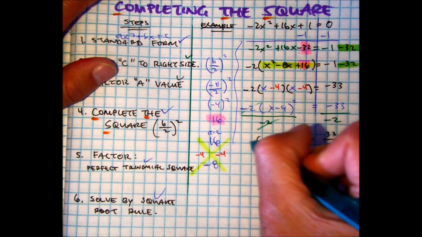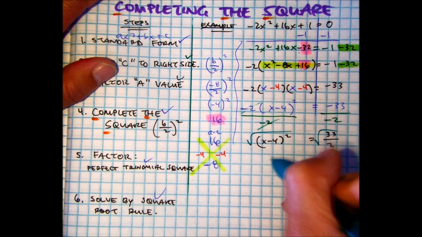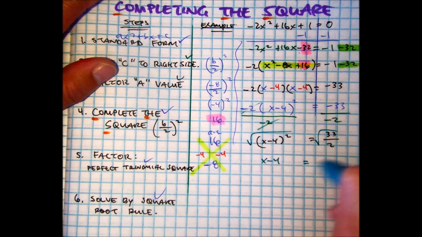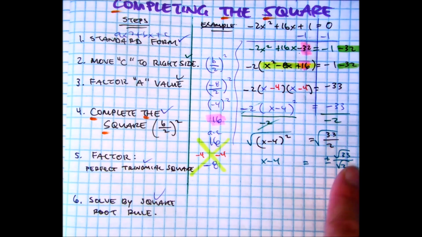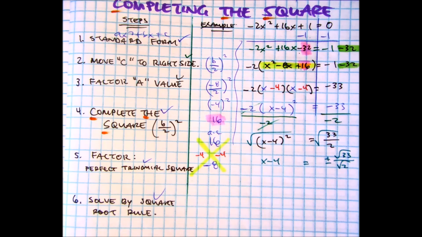Now it's isolated, I can take the square root. X minus 4 equals plus or minus radical 33 over radical 2. Partner A, tell partner B what happens when we have a radical in the denominator. Class, RTD, what does it stand for?